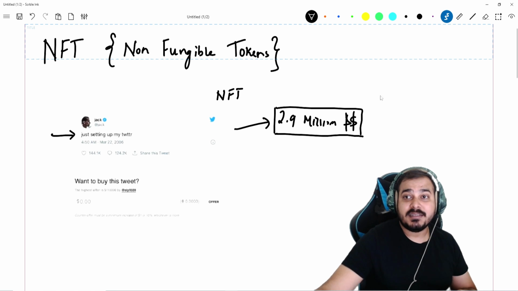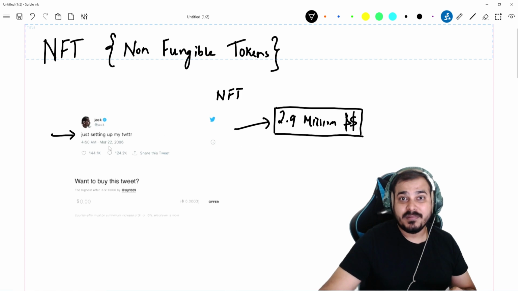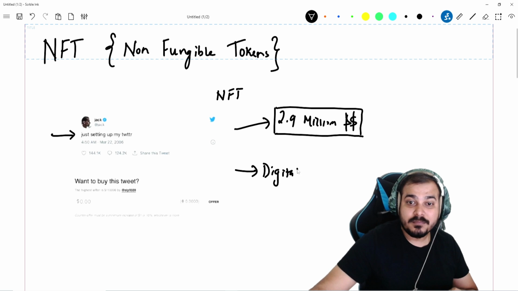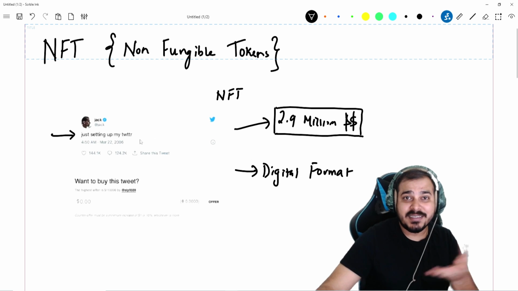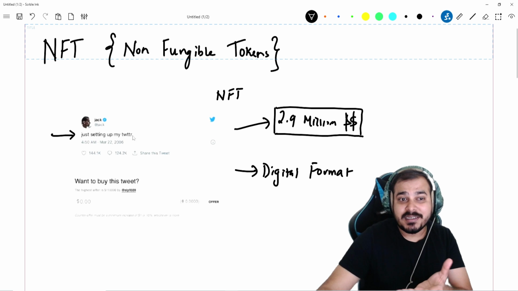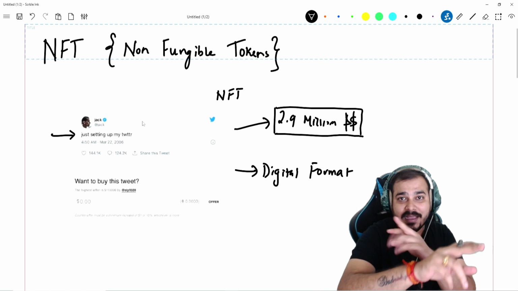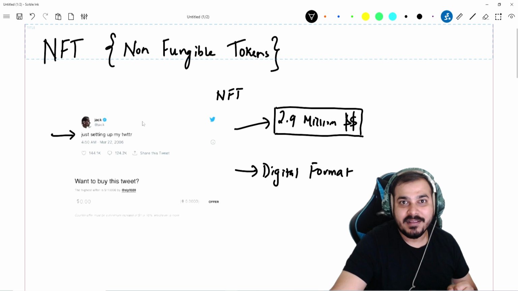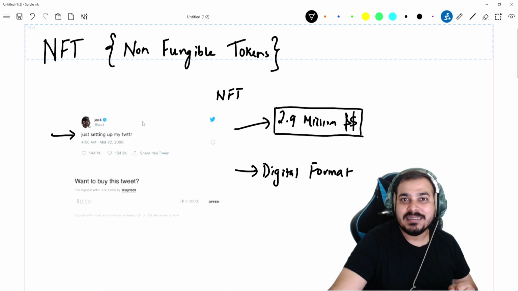Now the question arises, who is going to put this much money just to buy this? That also, when this is basically in digital format. Digital format basically means I can see the image of this, I can see the digital art of this, I can copy it, I can trim this particular image, paste it any way I like, how I am doing while explaining this.